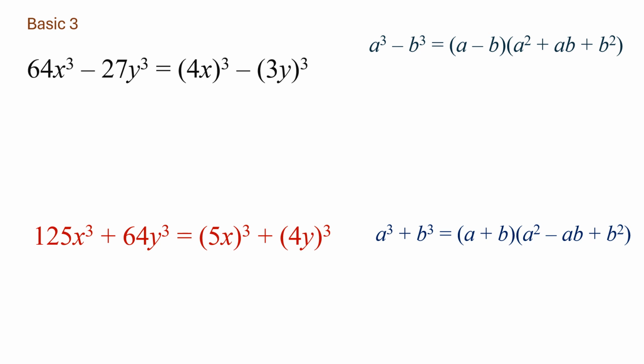We can express 64 as 4 cubed, and combine them into a bracket, 4x to the power 3. Likewise 27 is 3 cubed, y cubed, combined to be bracket 3y, close bracket to the power 3. Now I'll be replacing 4x with a and 3y with b.